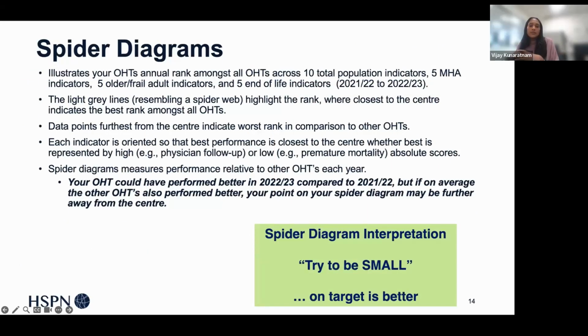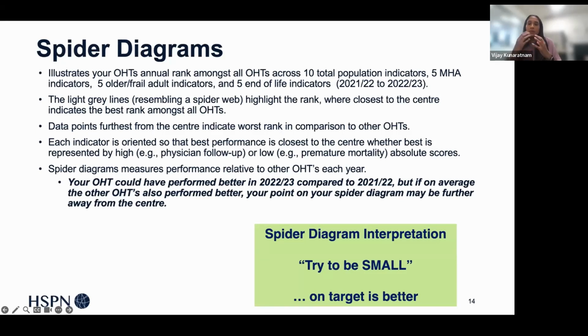We did use spider diagrams to help rank each OHT across all these various indicators for both 2021-2022 and 2022-2023. You'll see a sample of these spider diagrams in the upcoming slides, but typically the light gray lines look like a spider web.